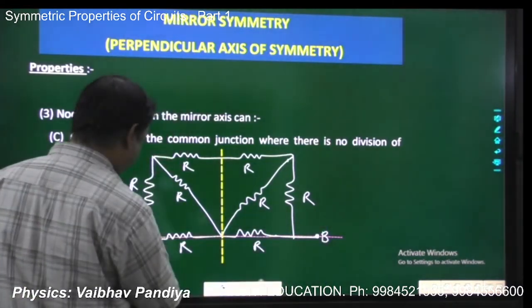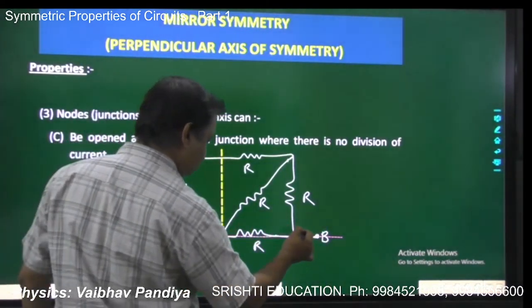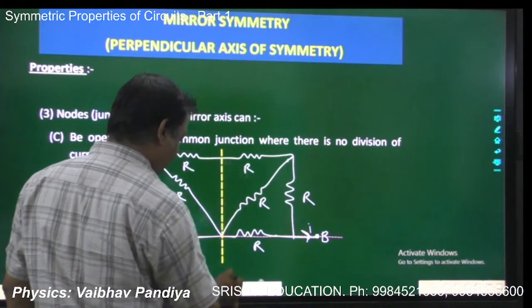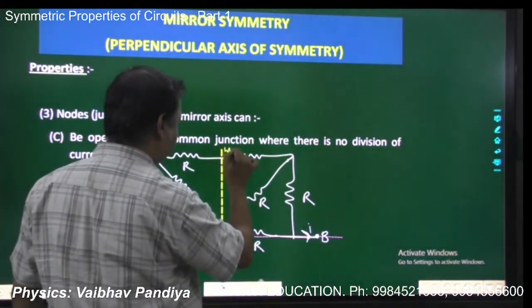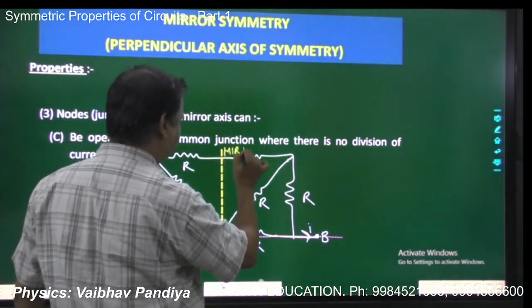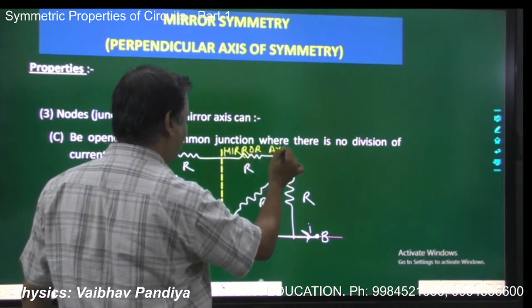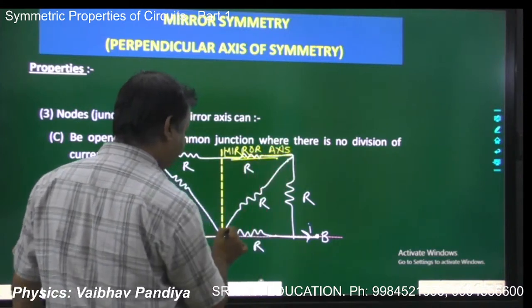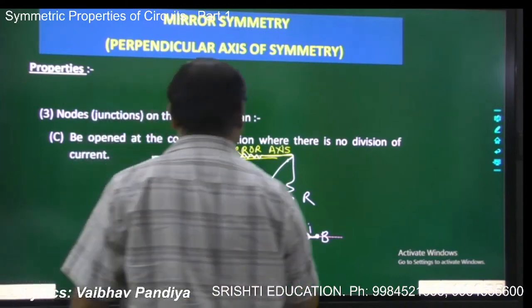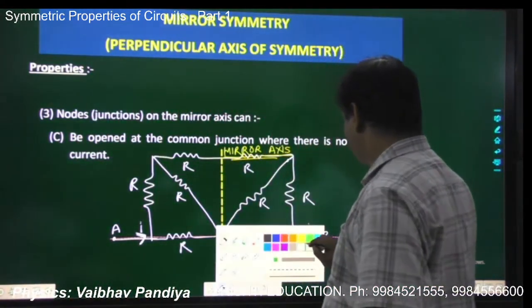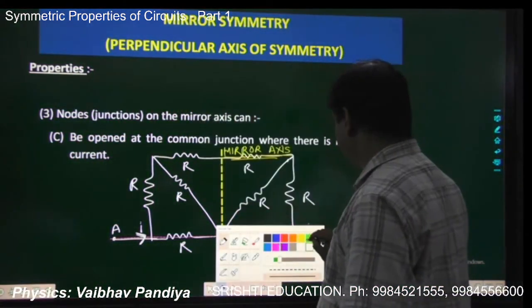This is your direction of current, and this yellow axis is the mirror axis, because it is dividing your circuit into two mirror images perpendicular to the direction of current. So all the properties of the mirror axis will hold.